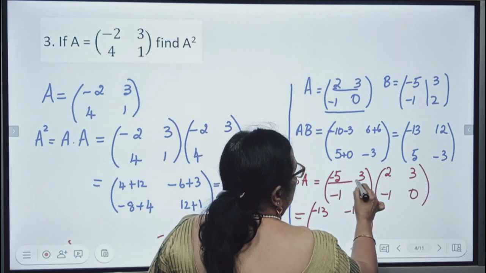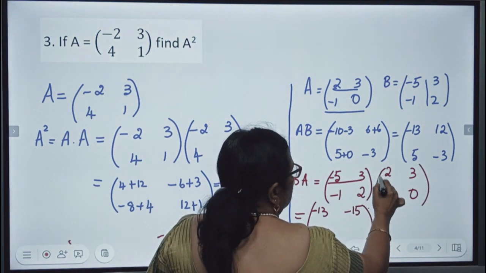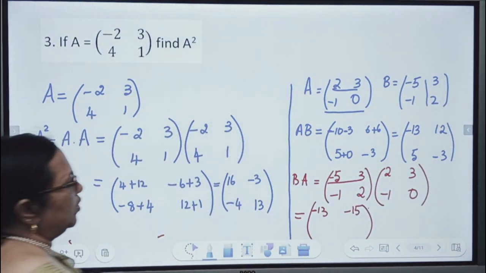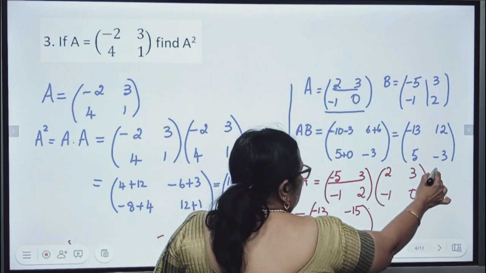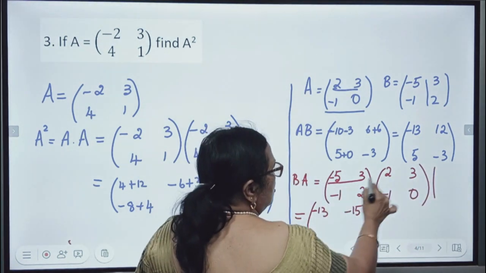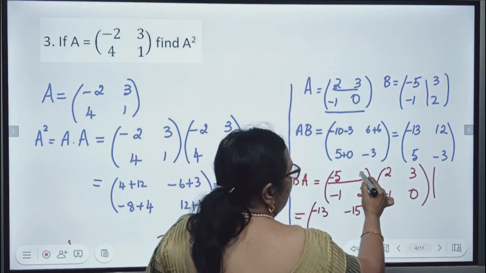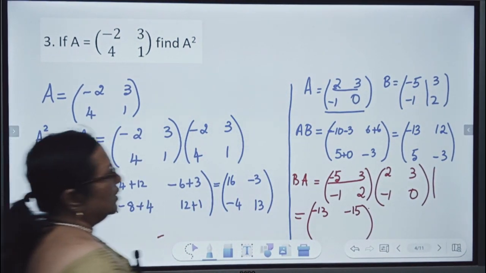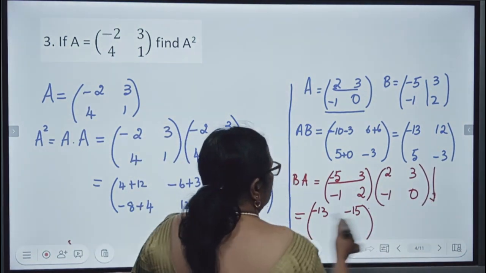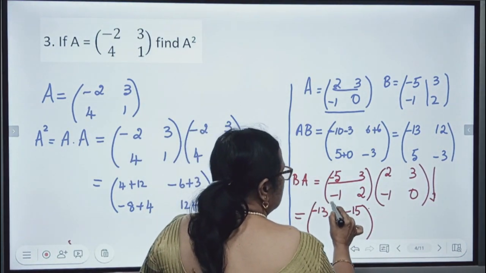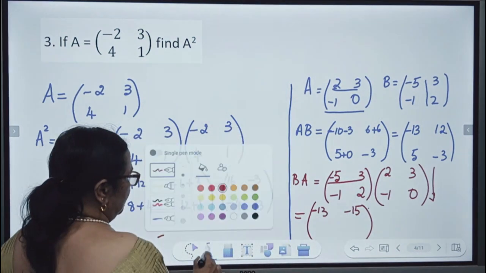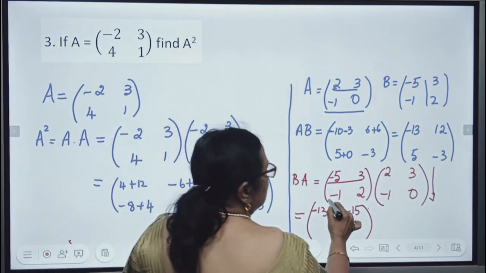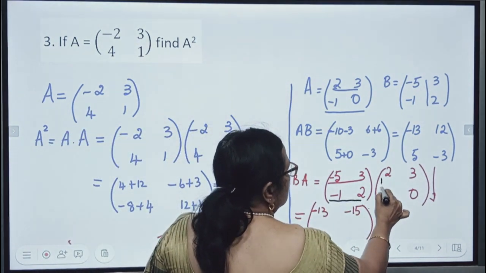See, first row, first column gave you minus 13. This is first row, second column, so minus 15 plus 0. Now this is second row, first column.